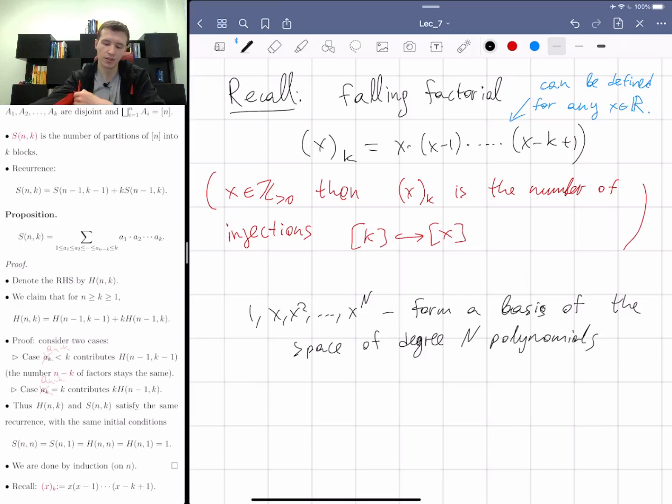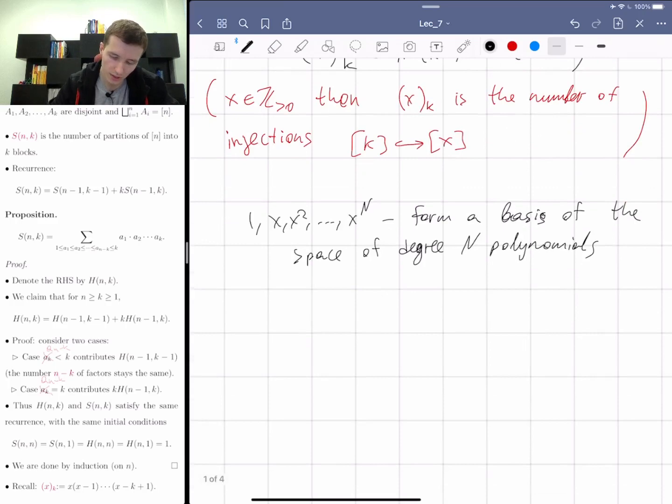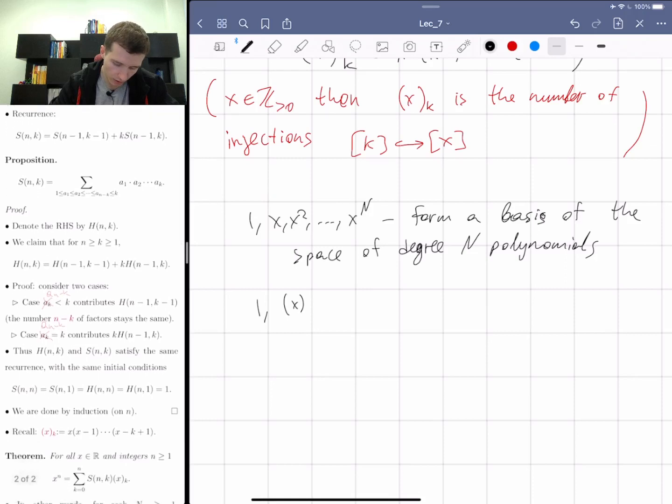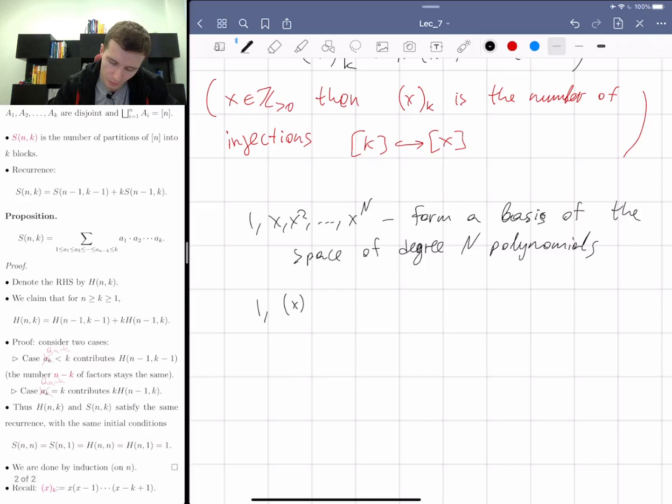I mean, that's very easy to see. But what is also true is that 1, x sub 1, x sub 2, etc., x sub n also form a basis.